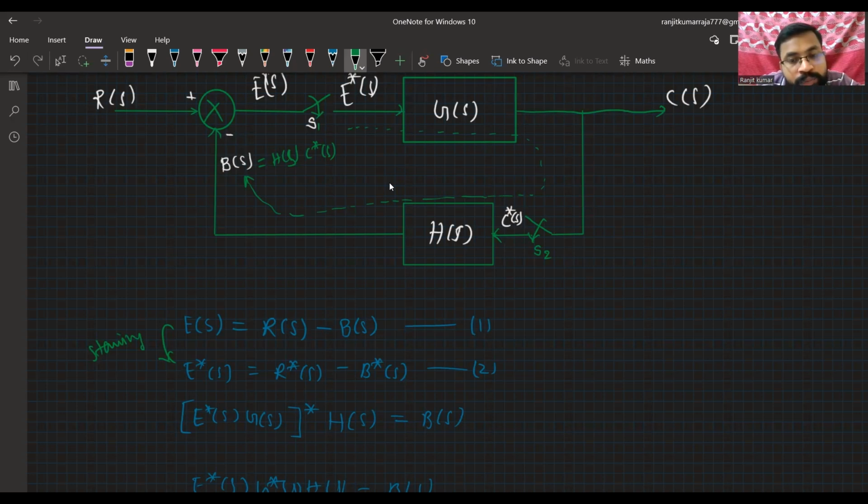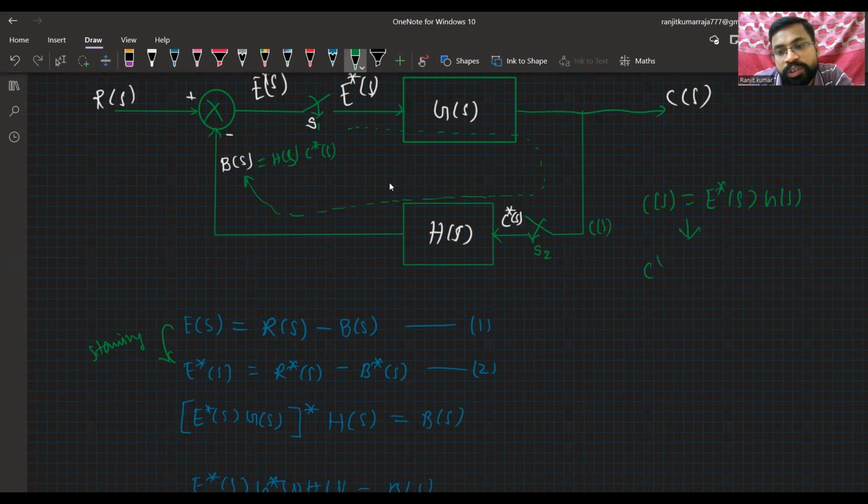After that, the signal is multiplied with H of S. Otherwise, you can directly write C of S equals E star of S and G of S. You will get the same result, don't worry, that is C of S. And after that, taking the star of this function, I have to send this signal via sampler S2.